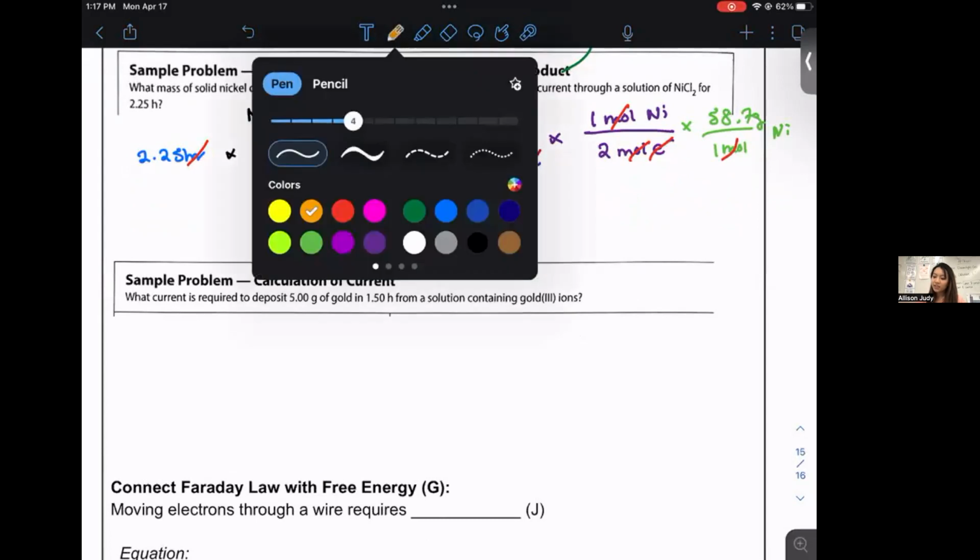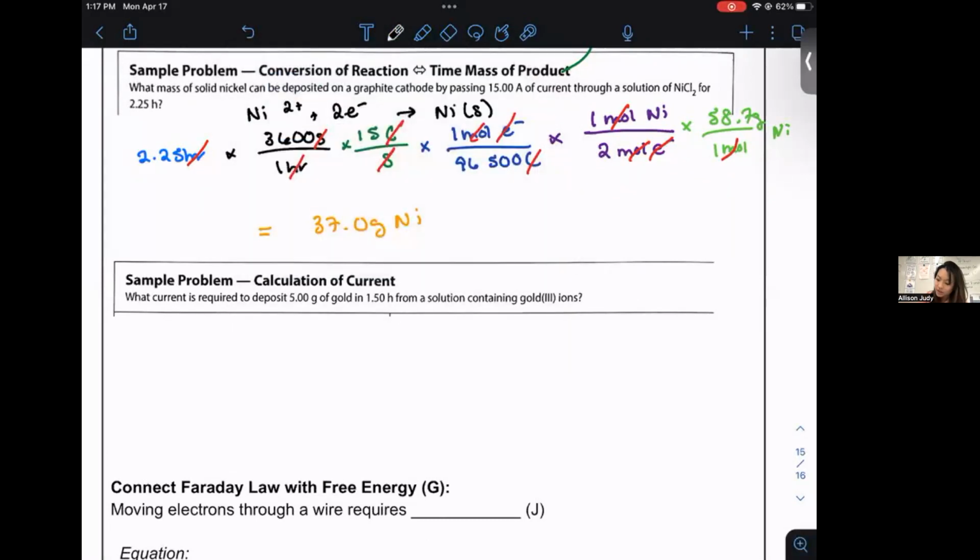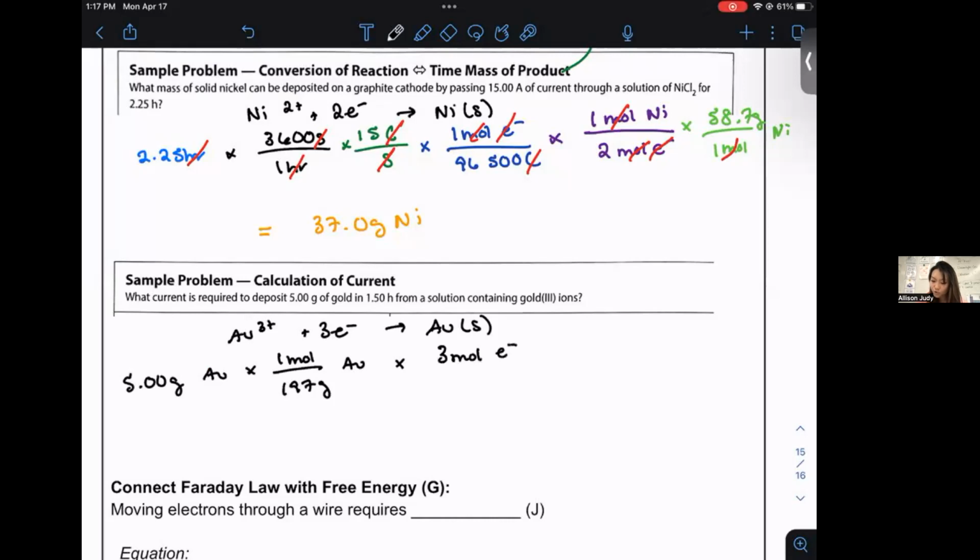So you should have gotten the following math. You are doing gold and you are reducing it to gold solid. This is what your conversion should have been. You got 5 grams of gold. From grams, you go to moles of gold, and then from moles of gold, you go to moles of electrons being moved according to your redox reaction.